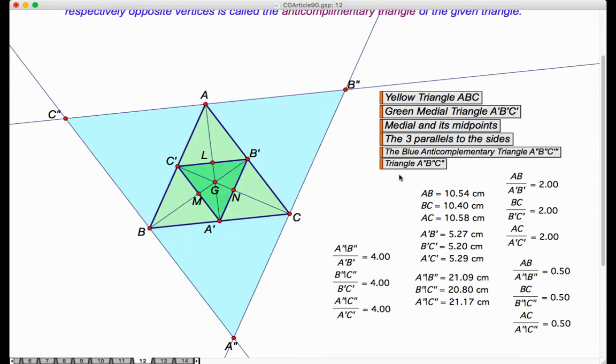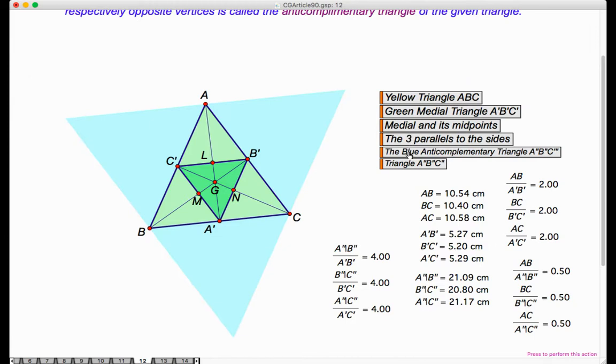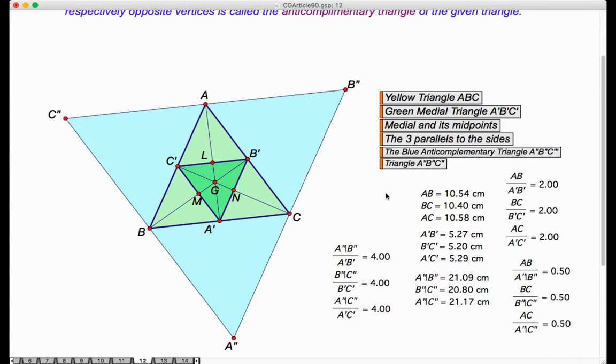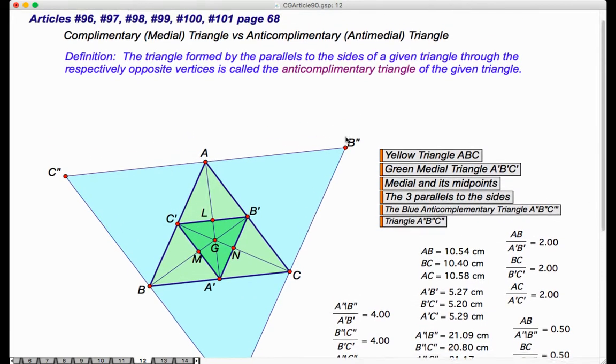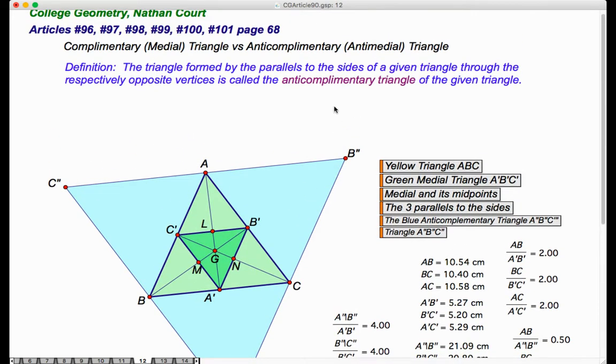Okay, and let's remove these parallels and instead show just the triangle itself. Okay, there you go. So this triangle A double prime, B double prime, C double prime is the anti-complementary triangle of the yellow triangle here.